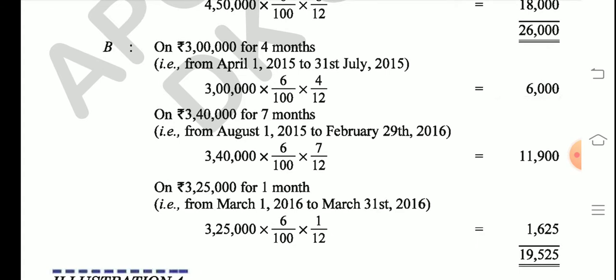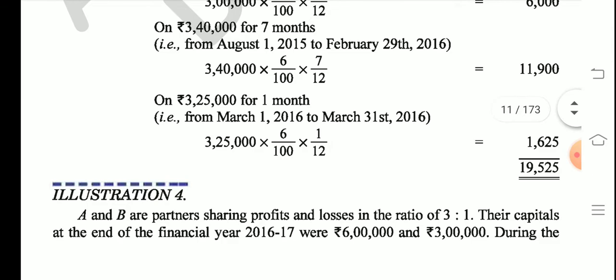Earlier the capital was 3 lakh 40,000, and now 15,000 has been withdrawn. The new capital for the 1 month is 3 lakh 25,000. So this question is very easy. Illustration 2 and 3, you just can cancel illustration 1. Illustration 1 will not fetch you much benefit. Solve illustration 2 and 3, and respectively there are unsolved portions also.